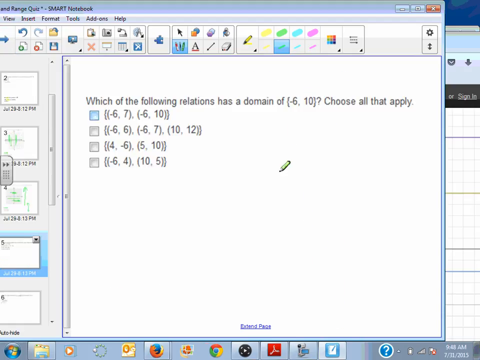Which of the following relations has a domain of -6 and 10? Again, domain, x values. So our x value here, -6. It's not going to let me write. -6 and a -6, that's fine, but you don't have a 10, right?